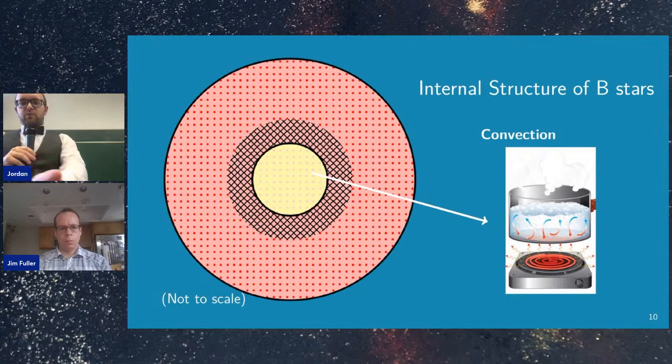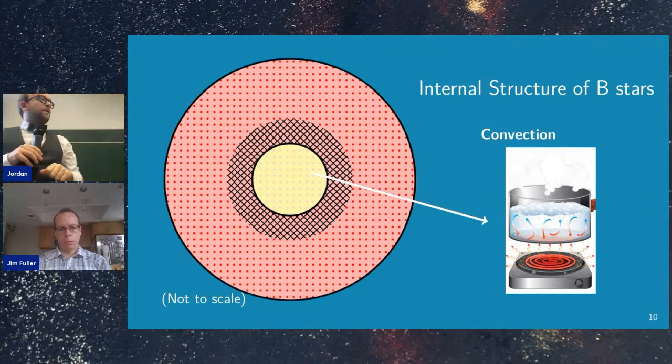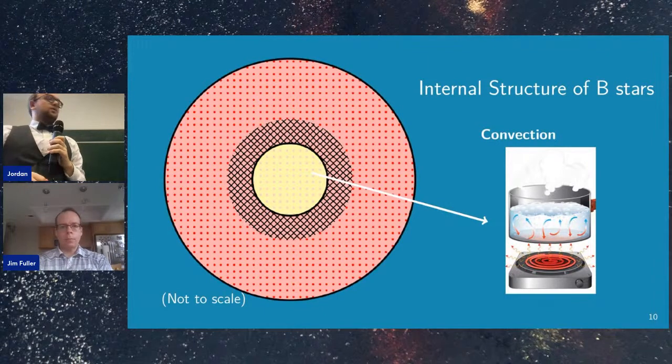Your water gets hot at the bottom of your pan due to your heating source, then it starts to rise and the cold water starts to go down, and this convective motion is convection, this boiling process.